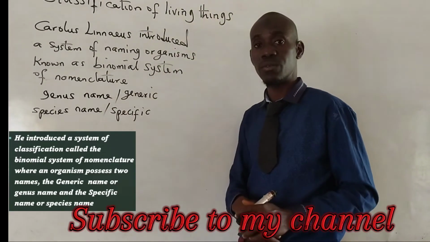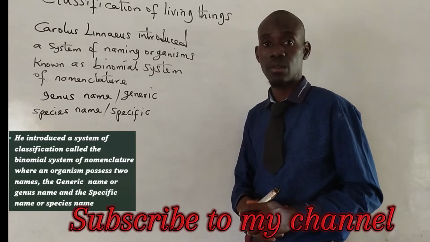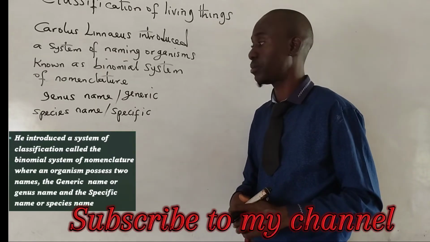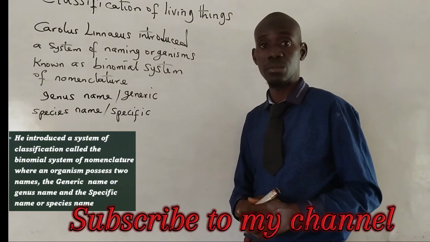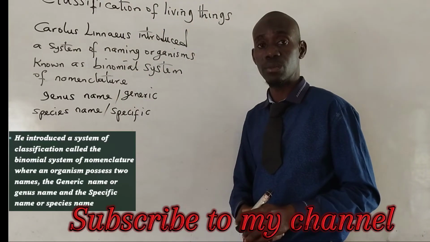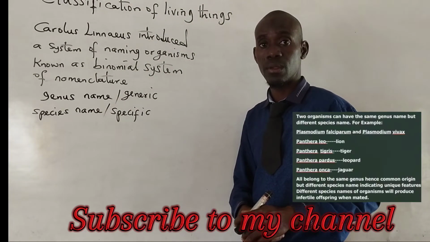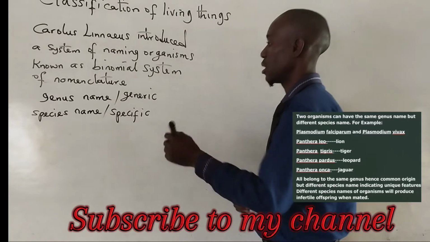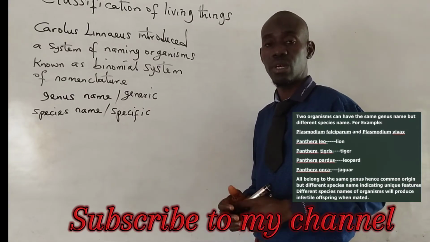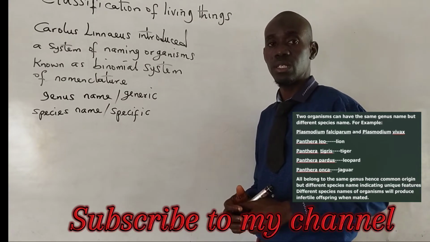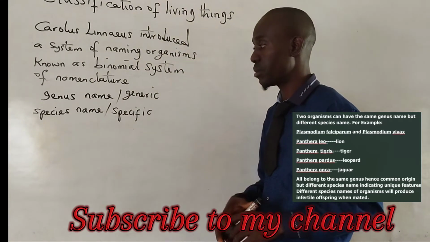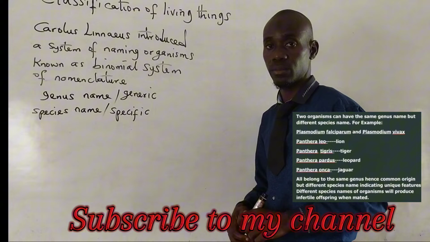Two organisms can bear the same genus name, but no two organisms bear the same specific name. He gave a rule for writing the scientific names of organisms using the generic name and the specific name.